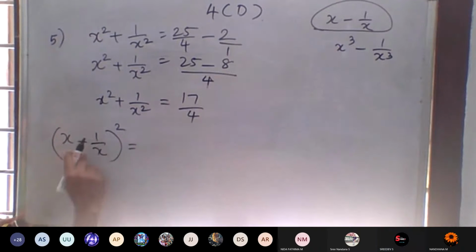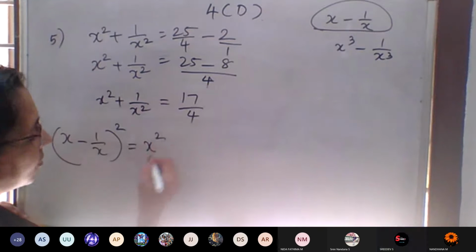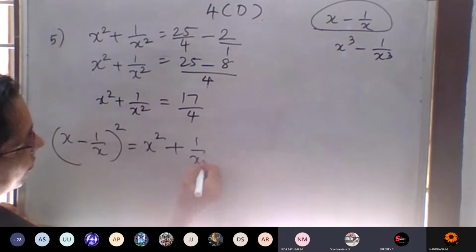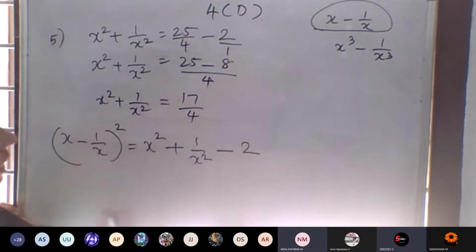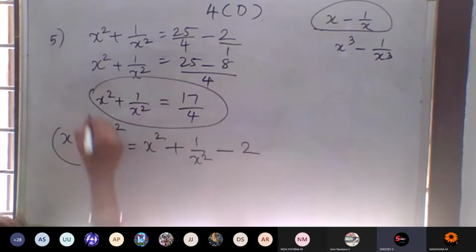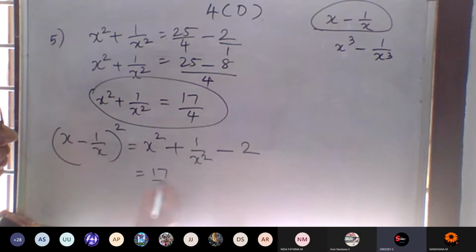So same as x plus 1 by x the whole square, how can we write x minus 1 by x whole square? x square plus 1 by x square minus 2. x square plus 1 by x square, we got 17 by 4. 17 by 4 minus 2.